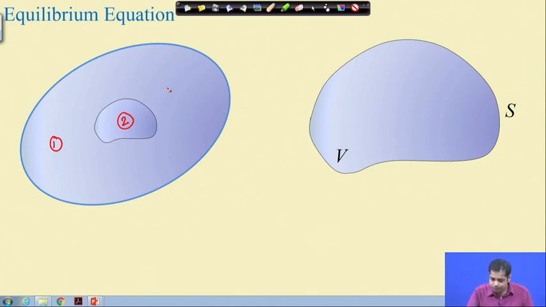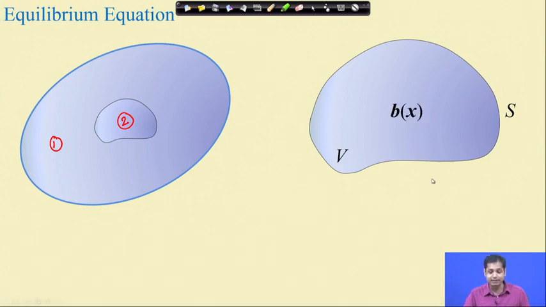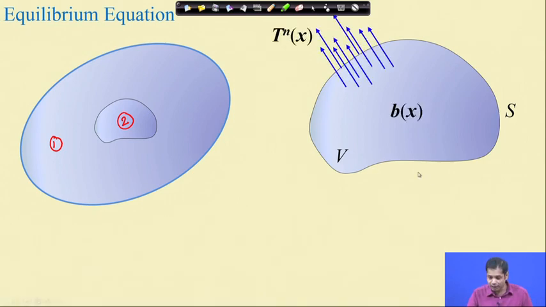Now, suppose the body force density is B(x), and in addition we have a traction T(x). It is a function of x, meaning the traction may be different at different points, because the state of stress is different at different points, and the tangential plane is also different at different points.